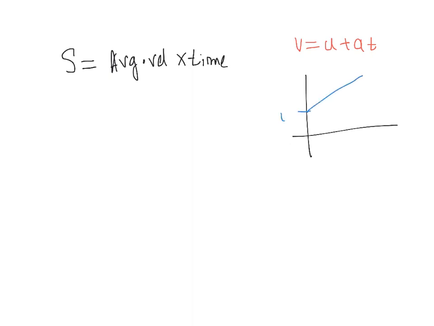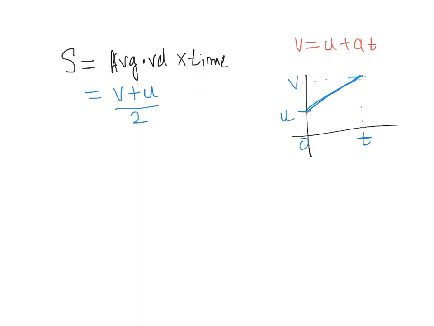I have an initial velocity u, a final velocity v. This was my 0 second, this was my t time. What would be my average velocity for this time period? The average velocity would be (v + u)/2.